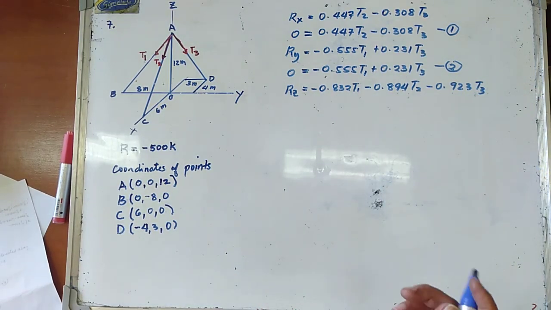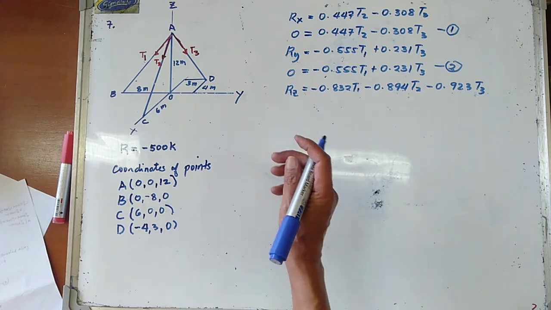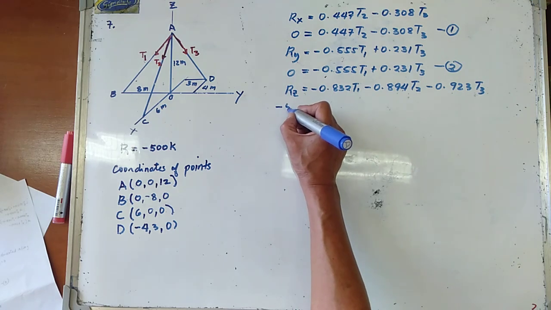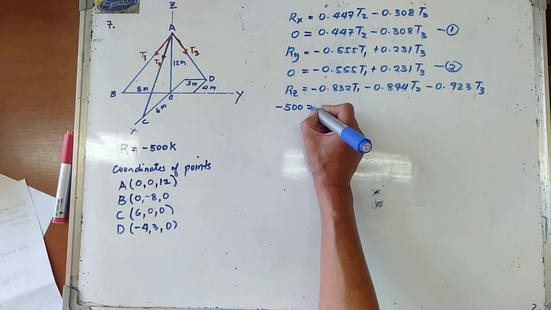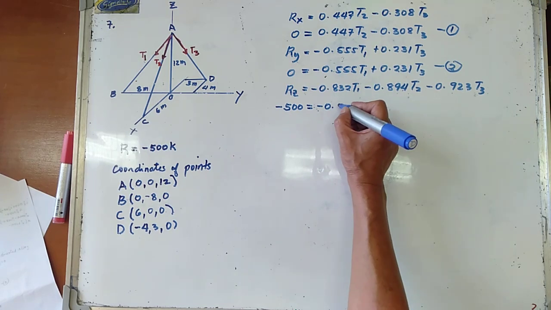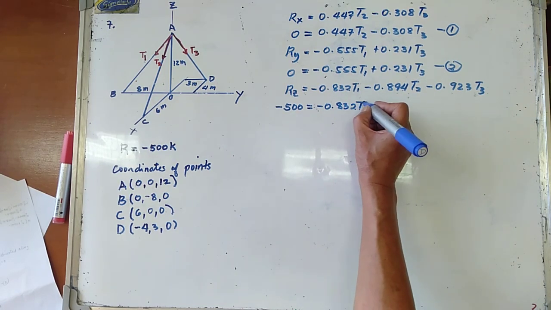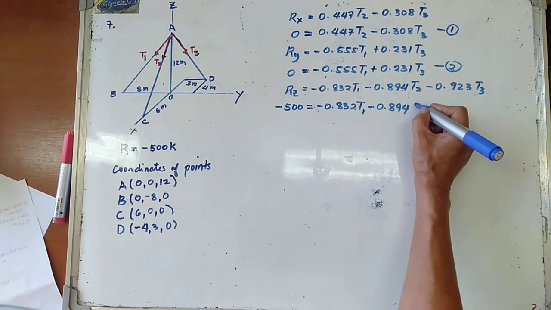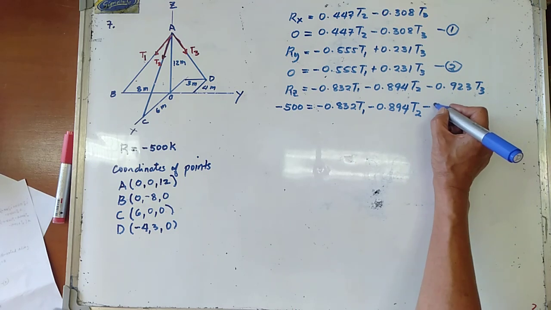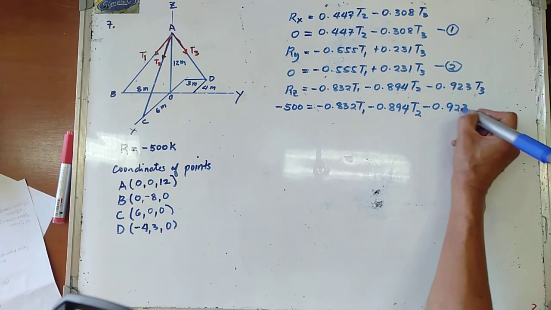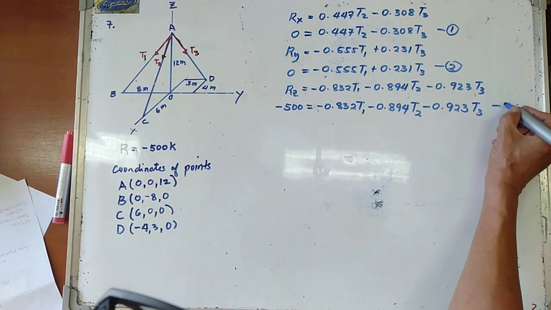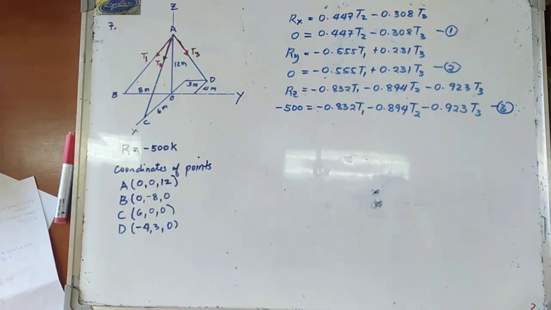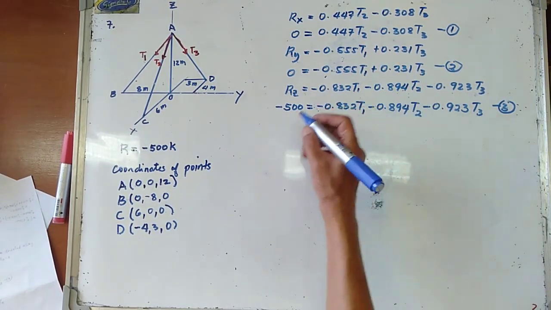Since the resultant is directed along the z-axis, the resultant Rz is equal to negative 500. And that is equal to negative 0.832 T1 minus 0.894 T sub 2 minus 0.923 T sub 3. Let's consider this one as equation 3. Now, let us try to simplify.